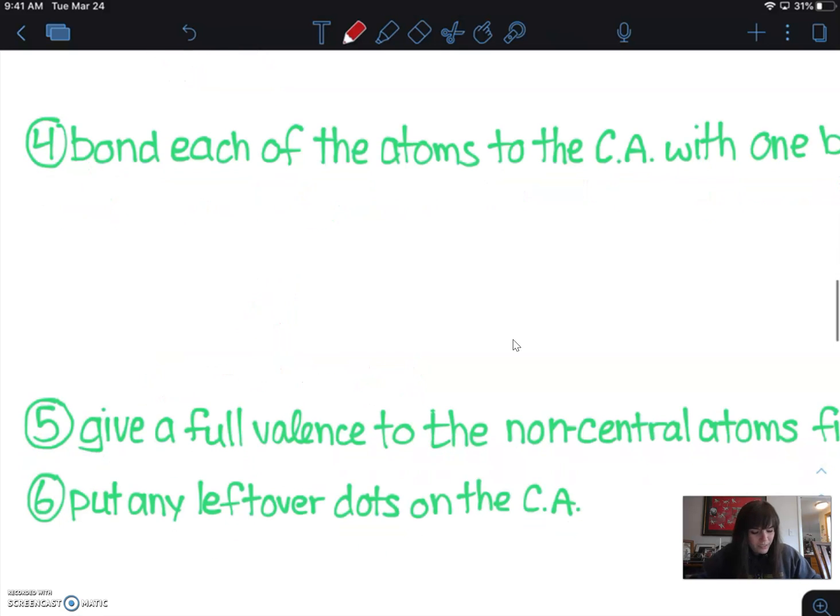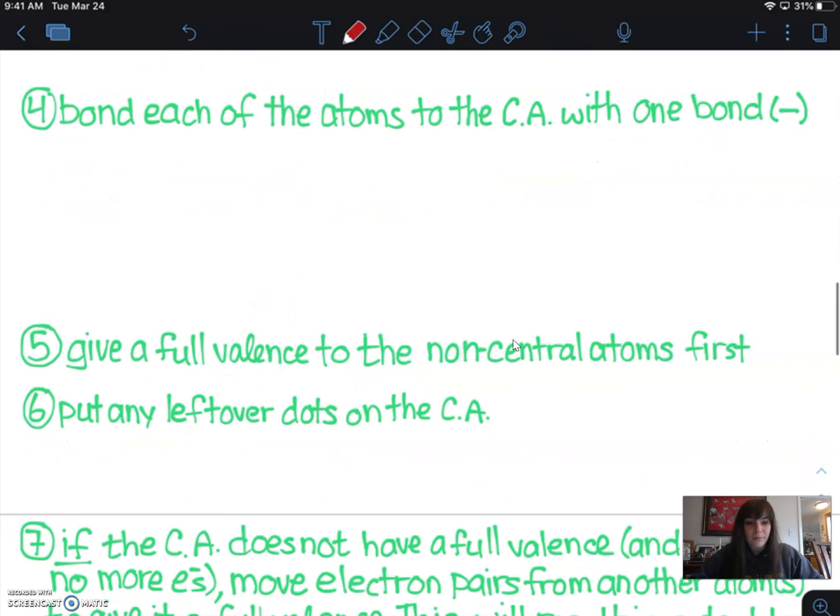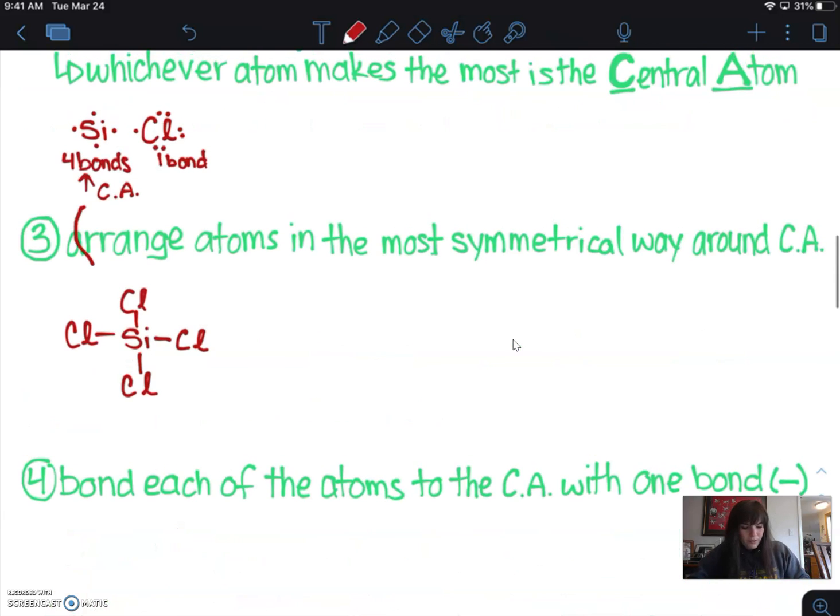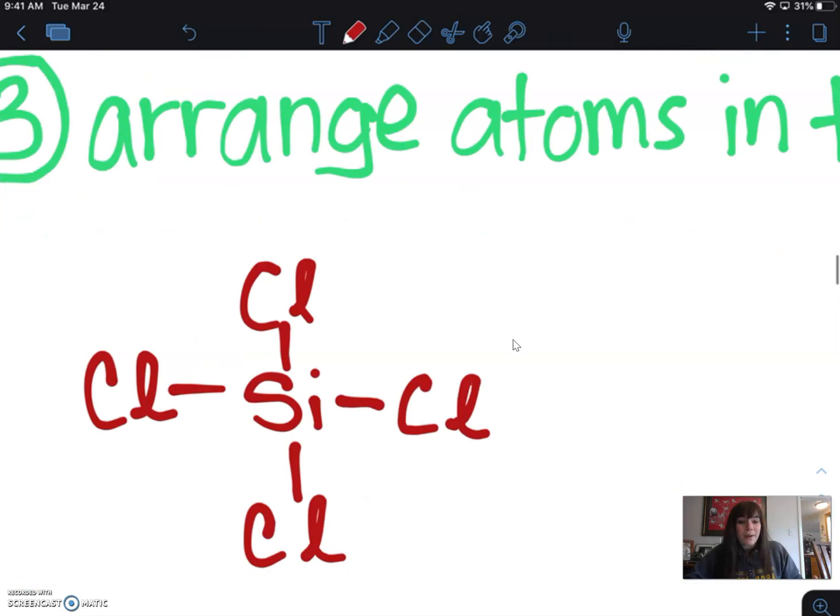Number 5 is to give a full valence to the non-central atoms first. So I'm going to go back through and give all of my chlorines the right number of valence electrons. This chlorine, let me just highlight so you guys can kind of see what I'm talking about. Right there, it's got 2 electrons around it, so it needs 6 more.